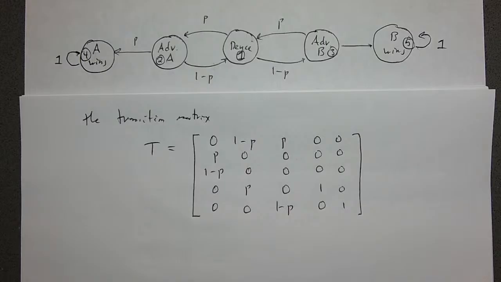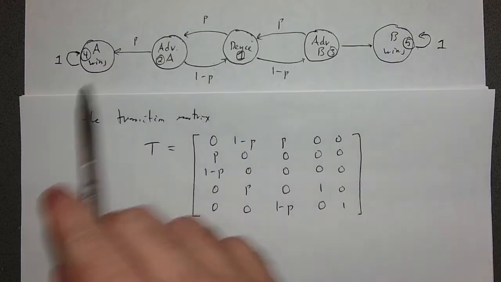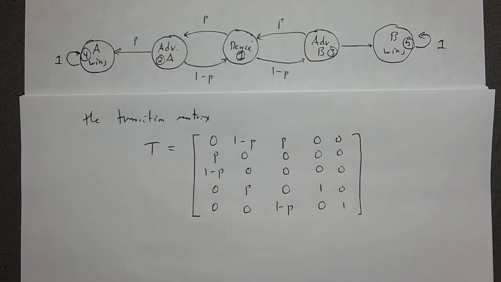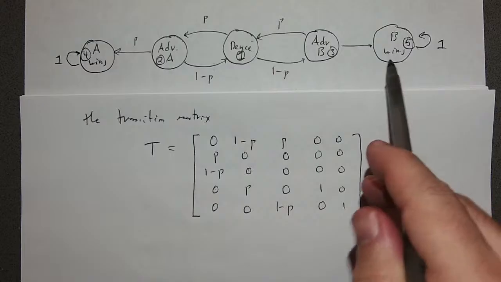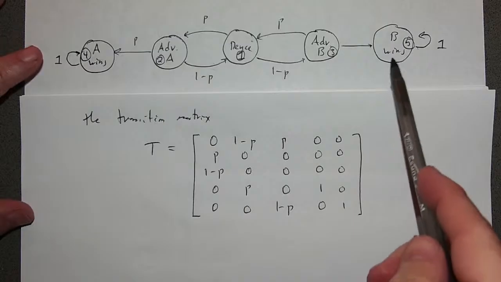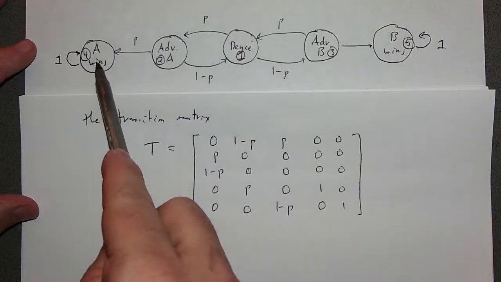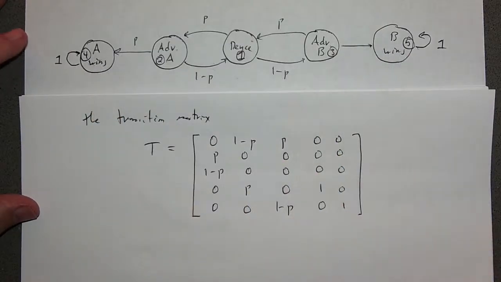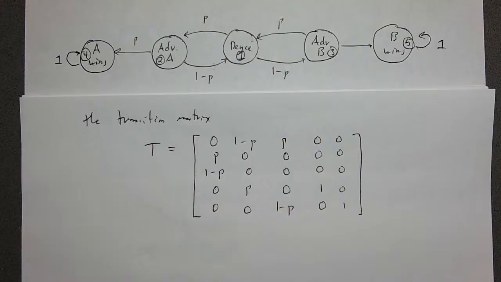Now, the first thing is I don't even need to do some kind of check here. I can actually tell just from the diagram, because of this aforementioned property that states 4 and 5 have, that is A winning, B winning. Once I get to state 4, once I get to state 5, I can't leave, right? I'm there forever. So T is non-regular.